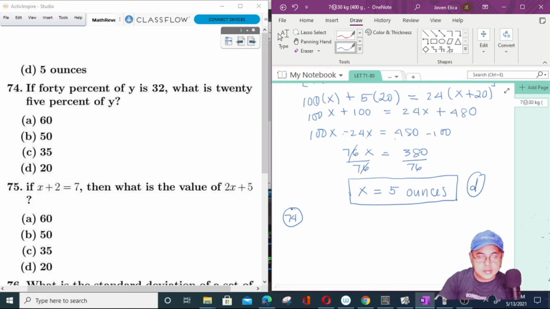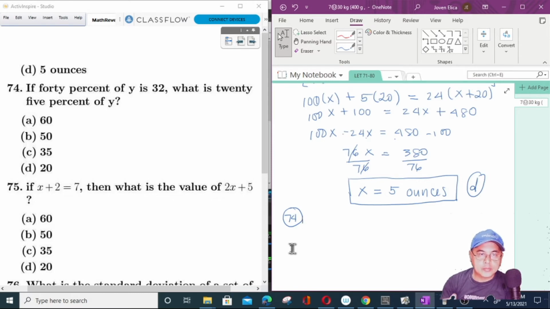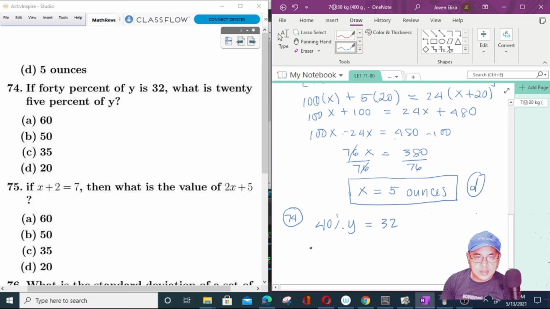If 40% of y is 32, that means, if 40% of y is 32, what is 20% of y?